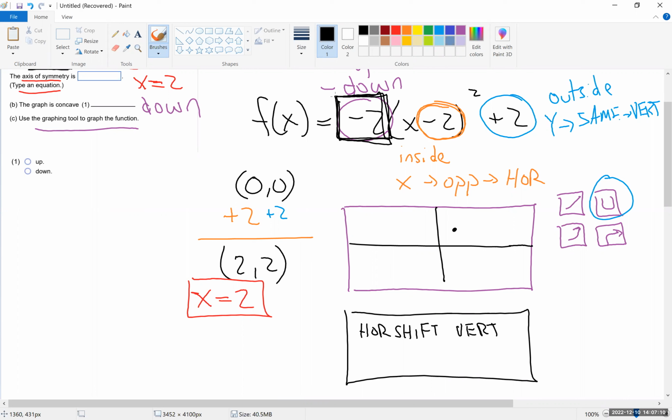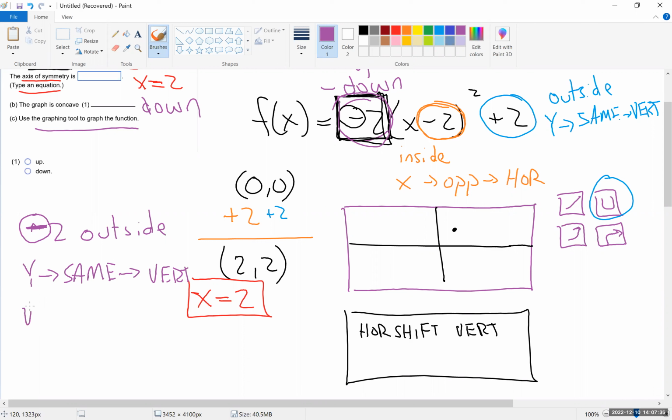And the thing that you want to put in is that this thing is reflected about the x-axis. So here, we didn't talk about what this -2 does. That -2 is on the outside, so it belongs to the y. If it belongs to the y, it does the same. It does what we want, and it's in the vertical direction. But this is really broken up into 2 things.